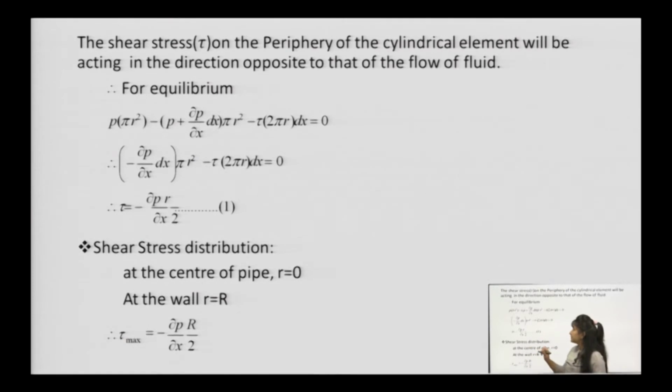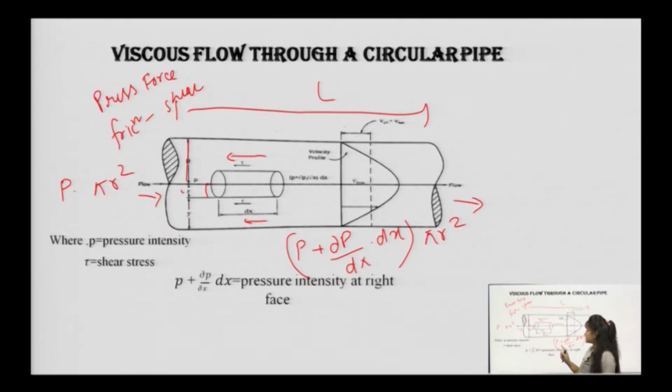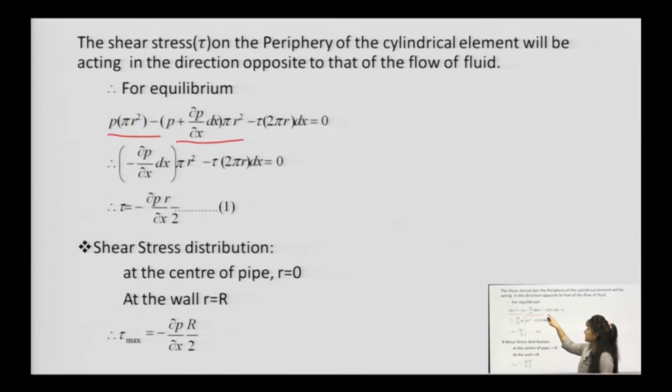If the pressure force at inlet is taken positive, then the pressure force at outlet will be negative. This is the same term we derived previously after covering a distance dx. And then this is the frictional resistance.